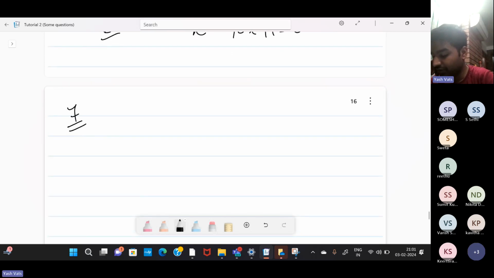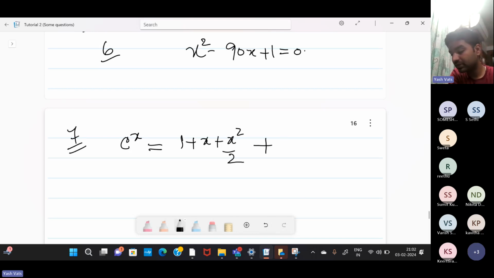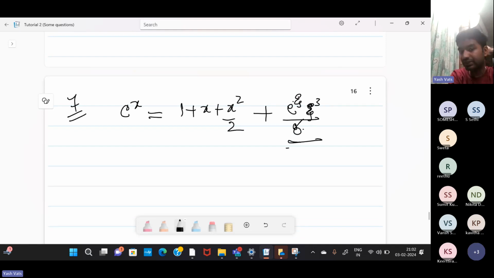So how do you find it? e to the power x is approximated as 1 plus x plus x squared by 2, plus the remaining order of x cubed term, which is e to the power psi times x cubed over 3 factorial. This is the truncation error.